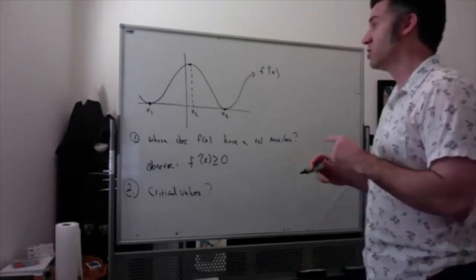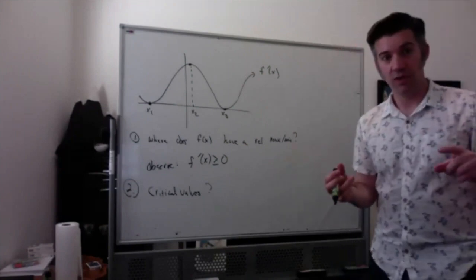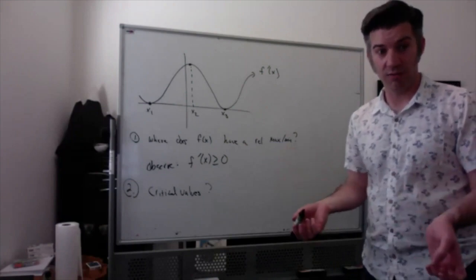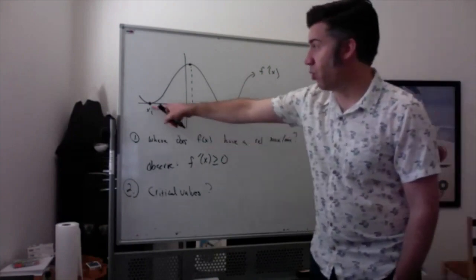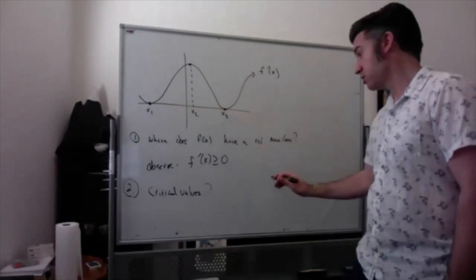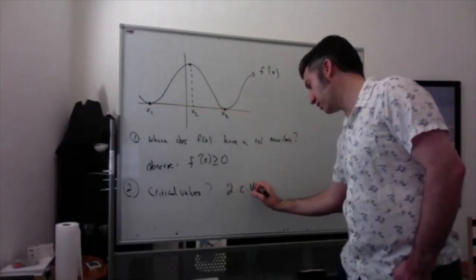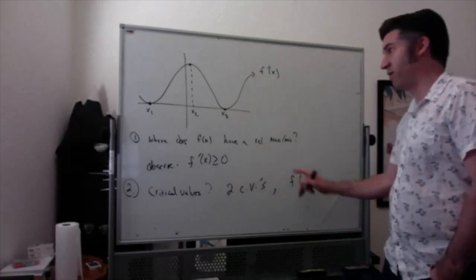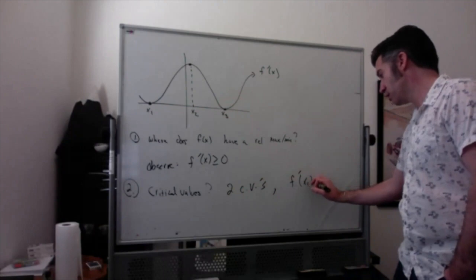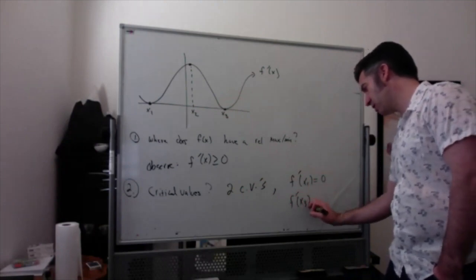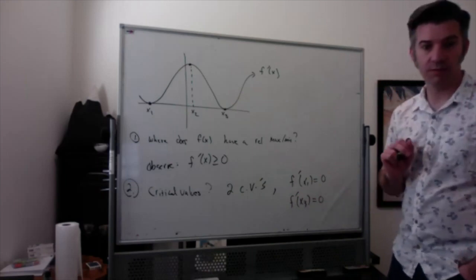Appreciate all the guesses. So I'll remind you, you get a critical value when the derivative is equal to 0. And I see 2 places where the derivative is 0. So there are 2 critical values because f prime of x1 is equal to 0 and f prime of x3 is equal to 0.